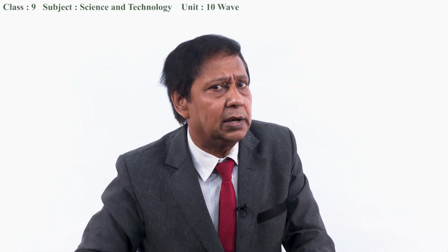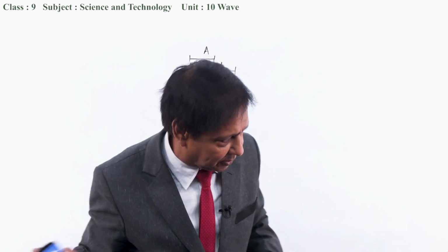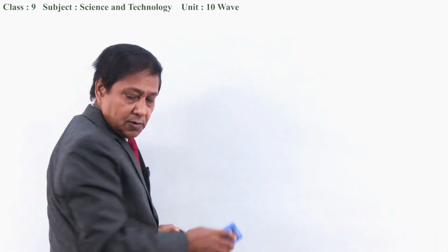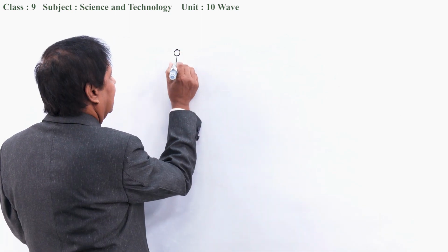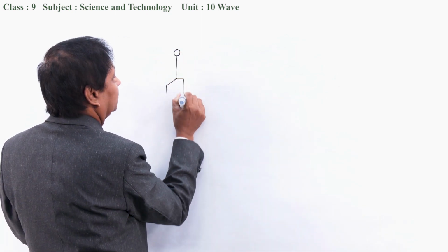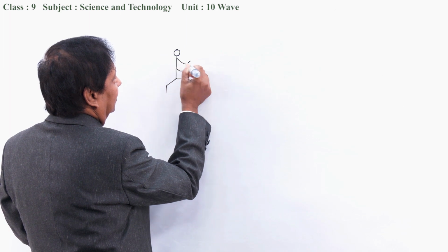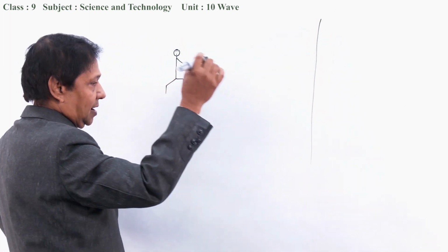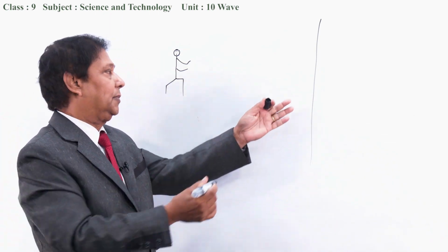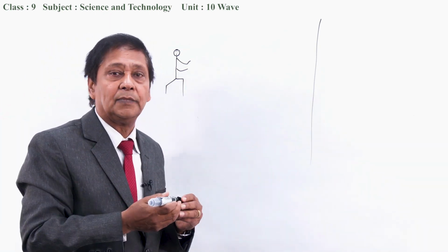Now, what about echo? Let's talk about echo. I want to show it with the help of a diagram. Let's say someone is standing at a place here, making sound in front of a big wall made up of, let's say, rock.